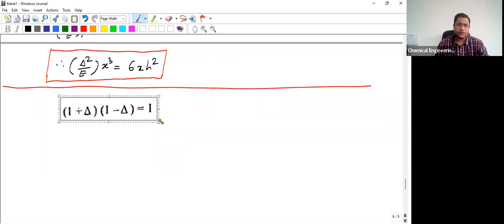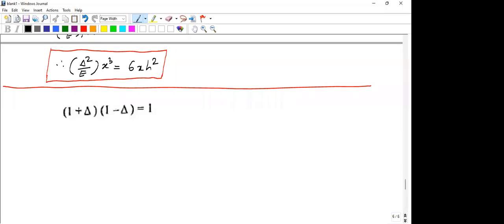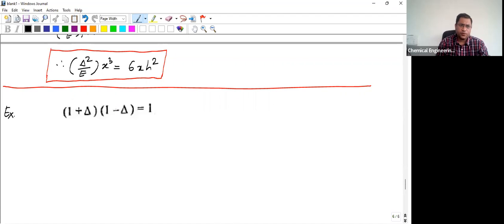Are you able to see this? Yes, sir. Okay, so we go with the example. Prove that. So we have to prove that this happens. Okay, so let us try to prove this.